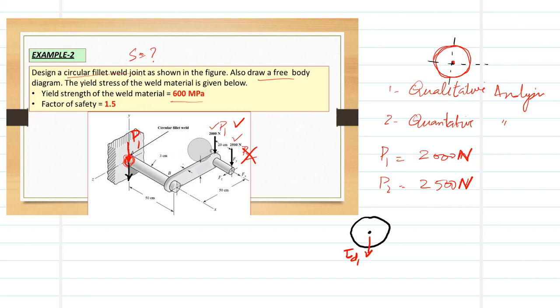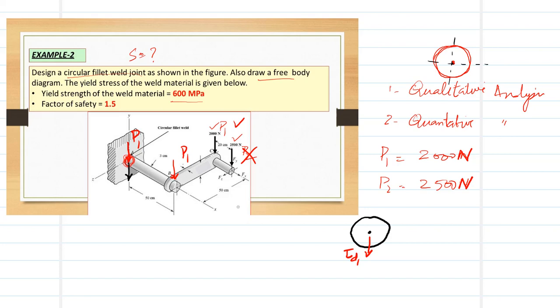The second kind: if I translate a load to this point, I can translate this load along the line of action. So along this line, if I translate the load to this point, we now have another stress which is the bending stress, and bending stress requires the moment and the section modulus of the weld.